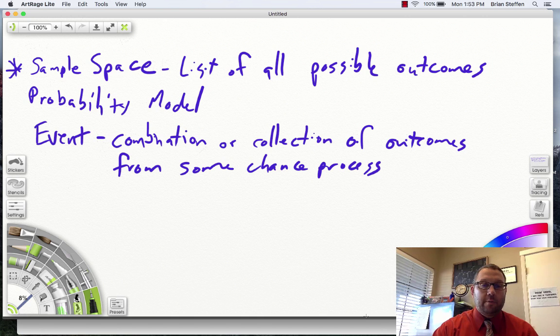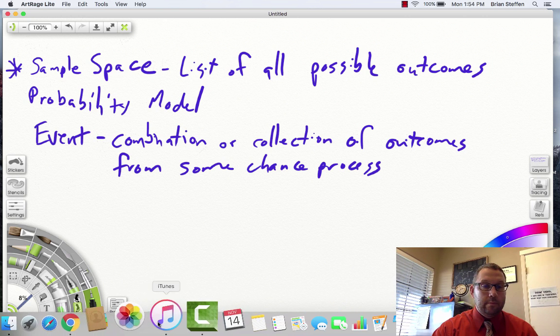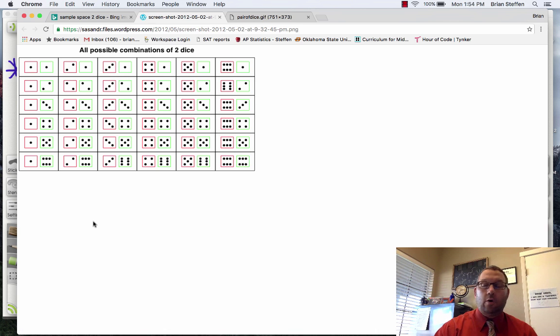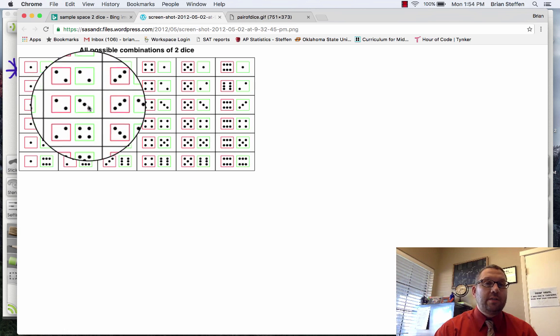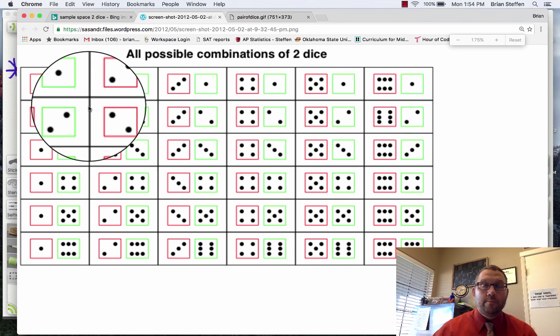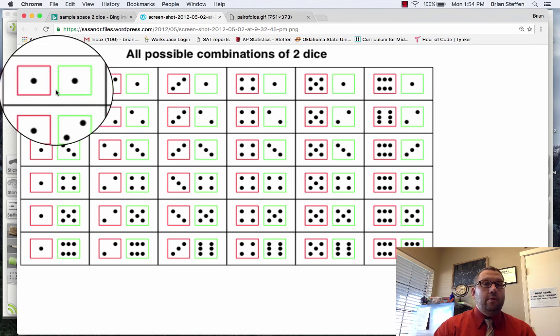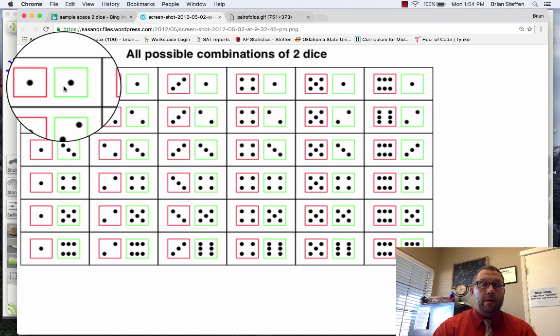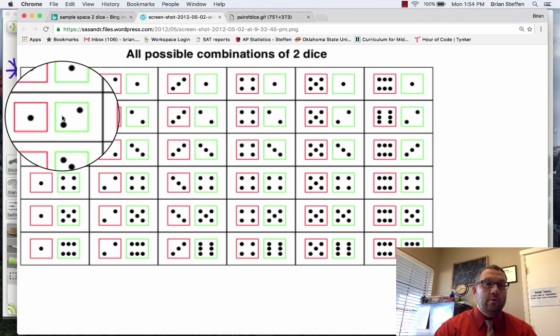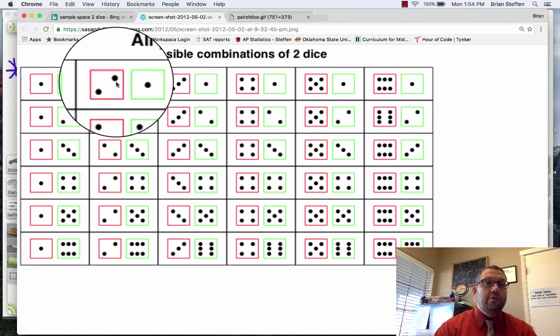Let's say, for example, I'm going to pull up a picture here. There we have a picture of all possible combinations of two dice. The dice are red and green, so that we can see that this 1 and 2 is different than this 2 and 1.